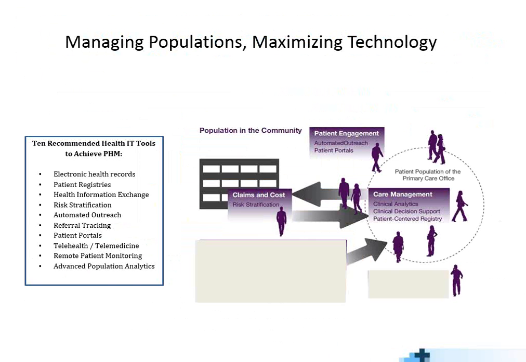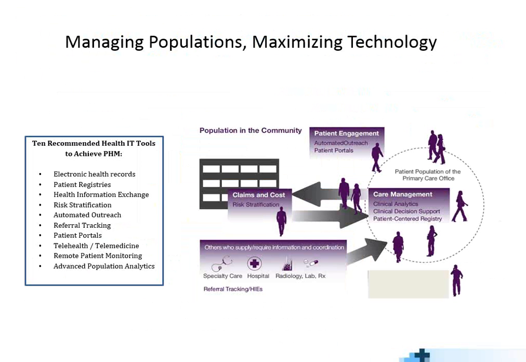Third, patient engagement: using technology to engage patients through automated outreach and through patient portals where they can access their health data and also communicate with the care team. And track other information taking place within the medical neighborhood, including specialty care, hospital-based care, post-acute, and other care centers, to capture where care transitions are taking place and to engage patients at the right time in the right setting.